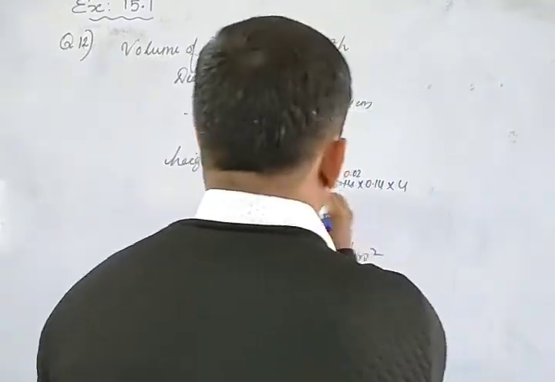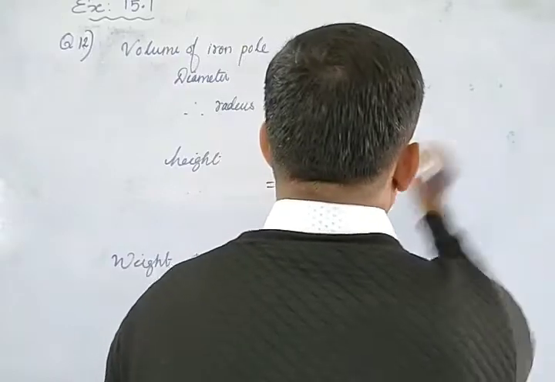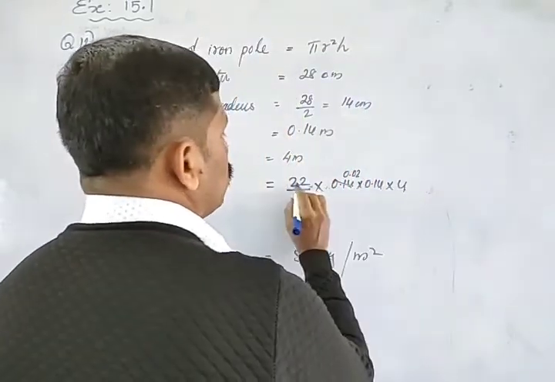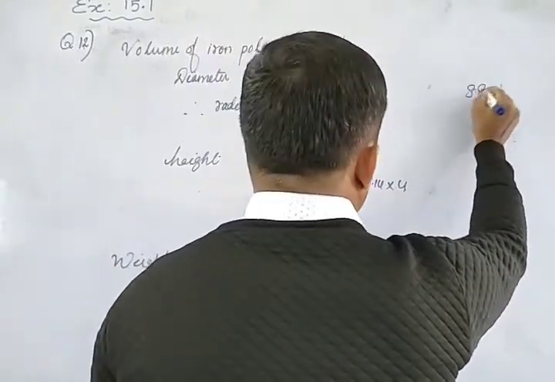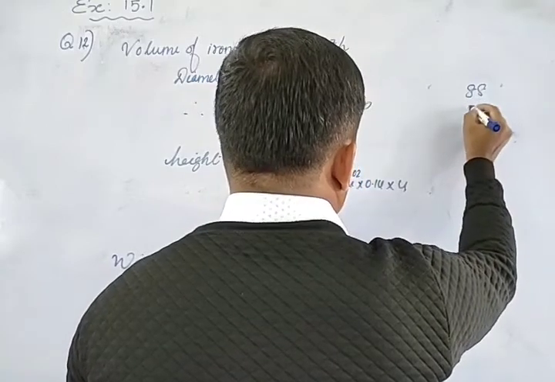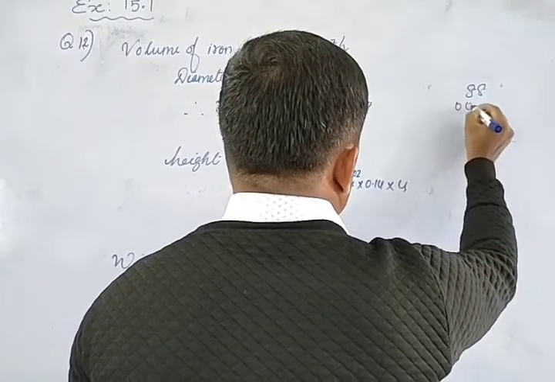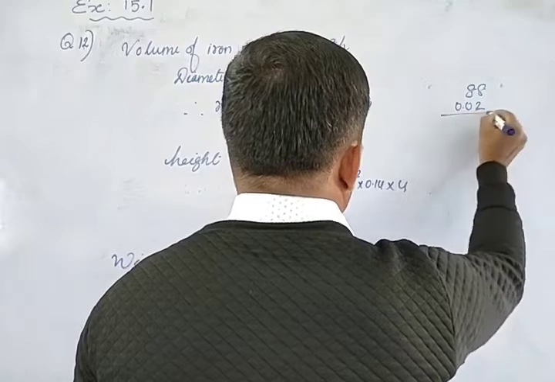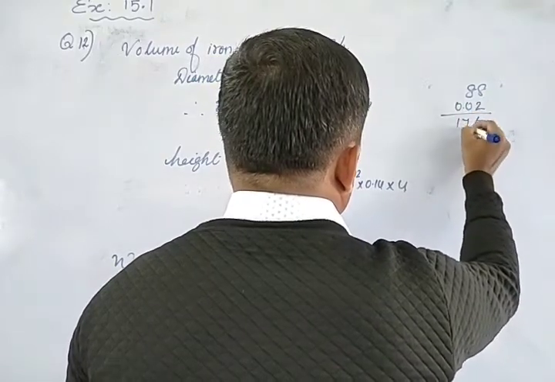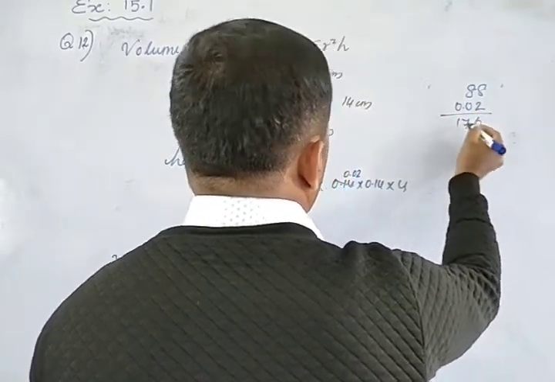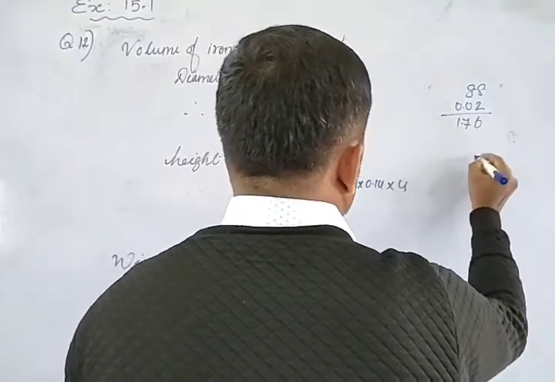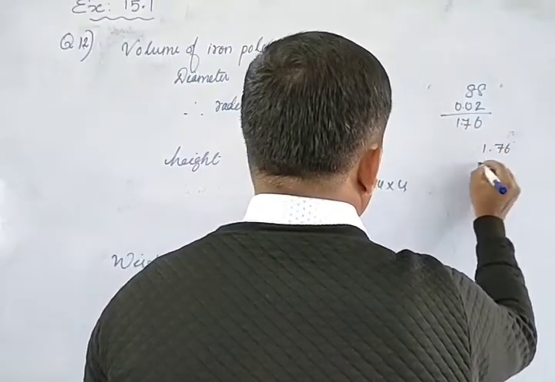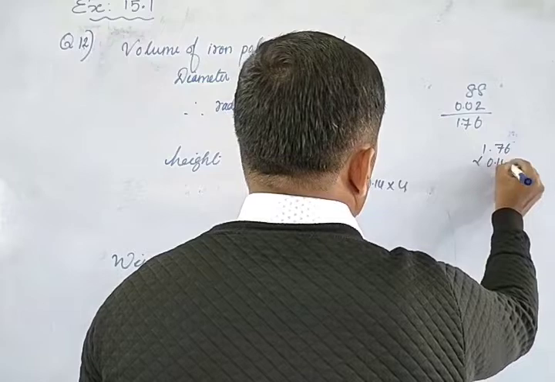Then we multiply 22 into 4, 88, into 0.02, that is 176. Two digits after the decimal, so 1.76. 1.76 into 0.14.